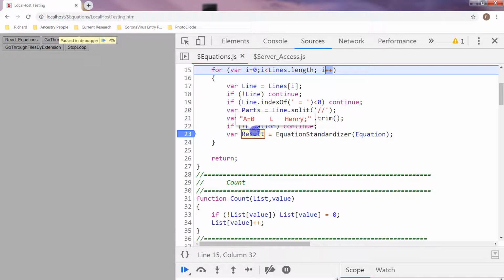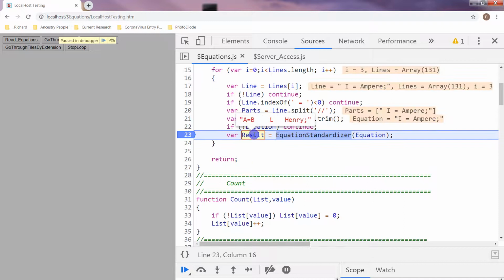So the result: A equals B, L equals Henry. A equals B, L equals Henry. I equals ampere. Now you see that this is a tag for what to do with this. It just says, you see this kind of a thing, treat it as A equals B, and I'll just write some routines to do that.